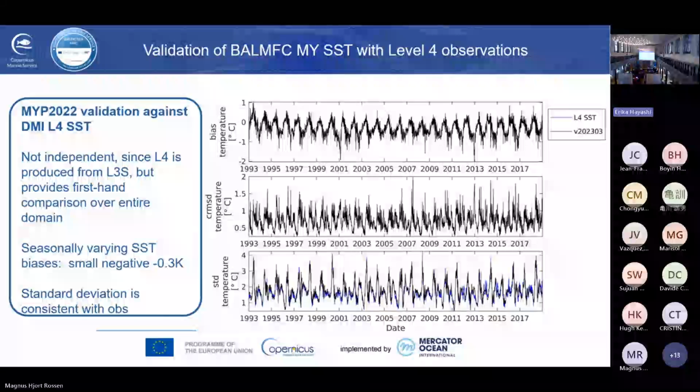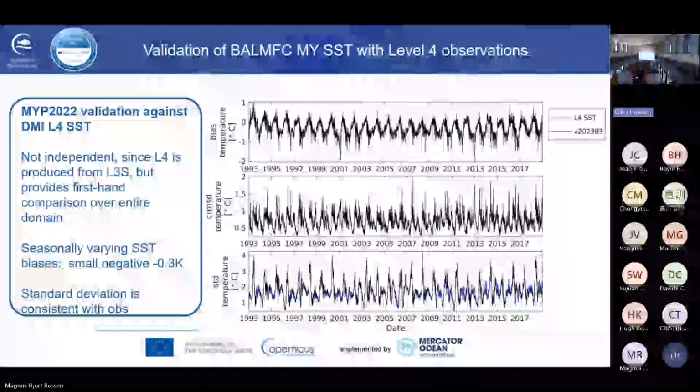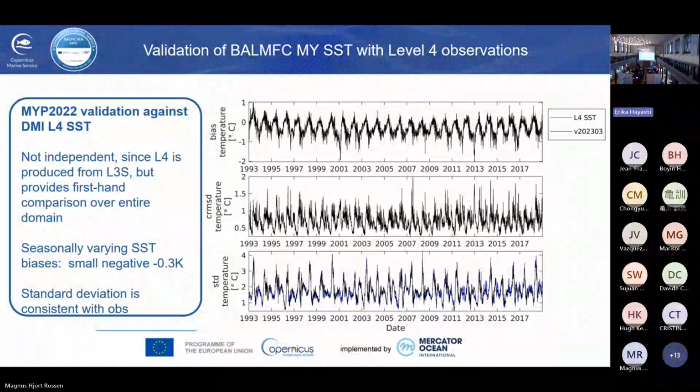We are reducing the biases, but it still has a seasonal SST bias, which is much smaller than in the free model. The root mean square error is generally small, below 0.6 kelvins, and the standard deviation of the temperature is consistent with observations, which is very important.